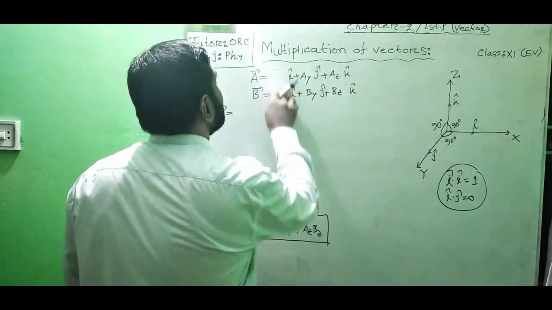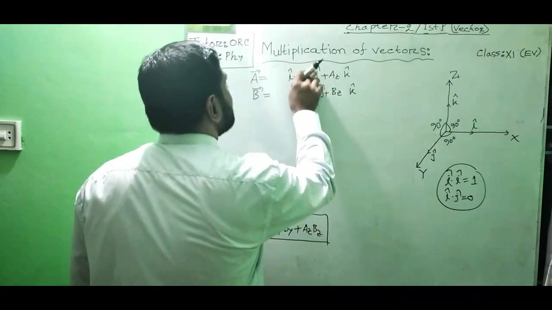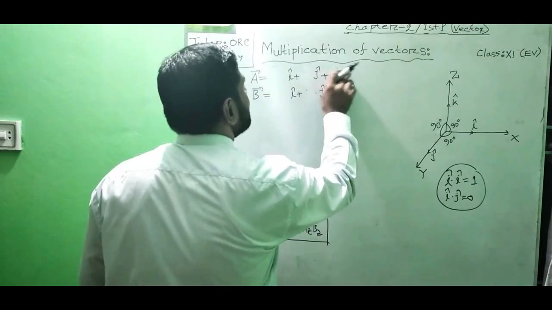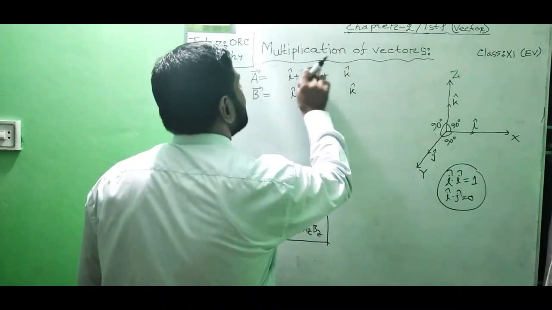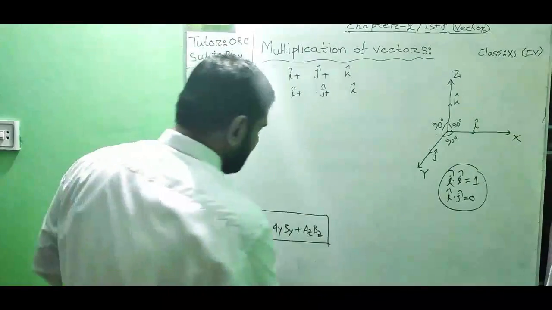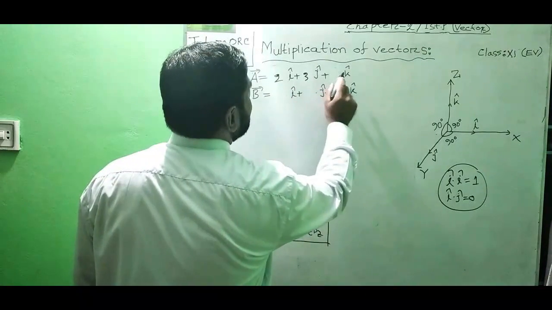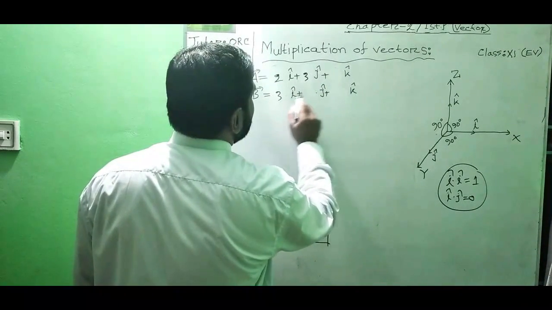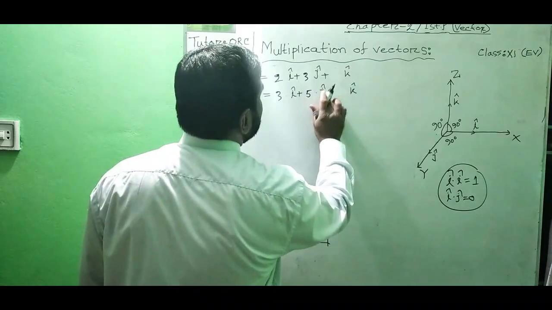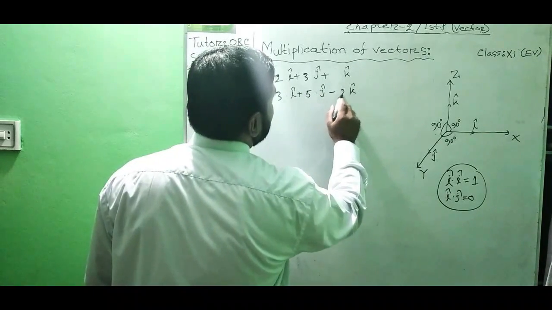Suppose the given values are 2i plus 3j plus k, and 3i plus 5j minus 2k.